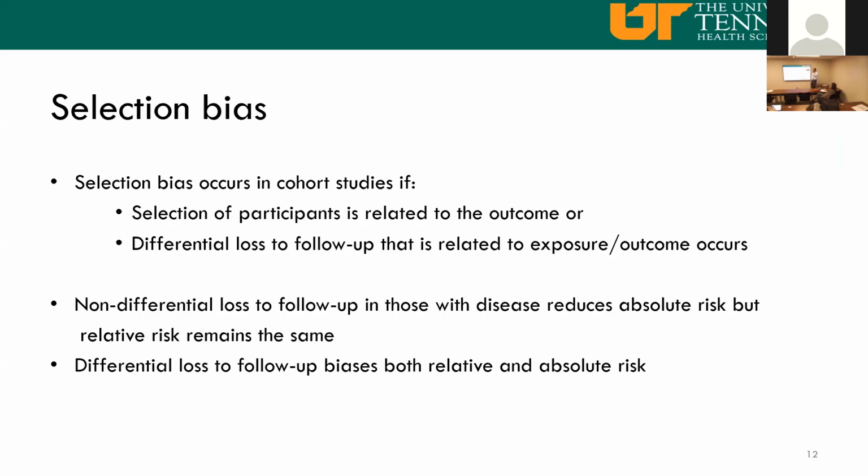And selection bias occurs in cohort studies if the selection of participants is related to the outcome, or if a differential loss to follow-up related to the exposure or outcome occurs. When we say differential loss to follow-up, it means, for example, in cohort studies, we start with those exposed, those not exposed, and we follow up the participants for an outcome.